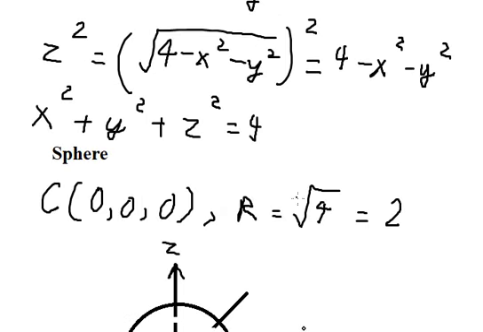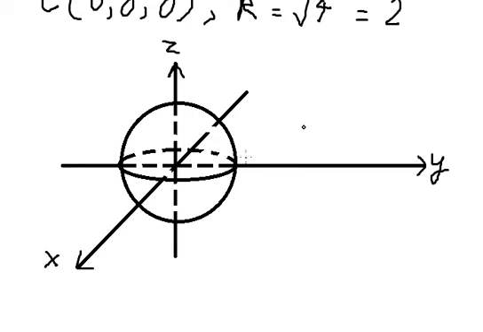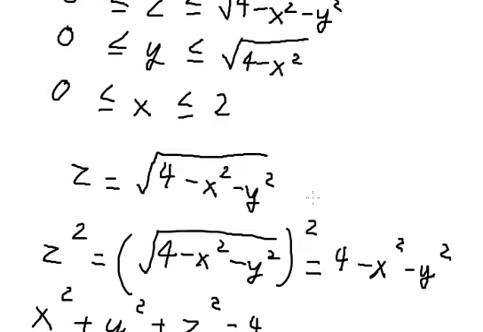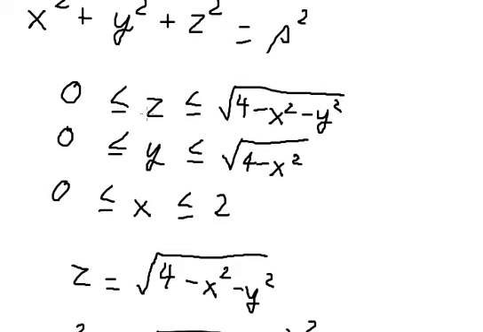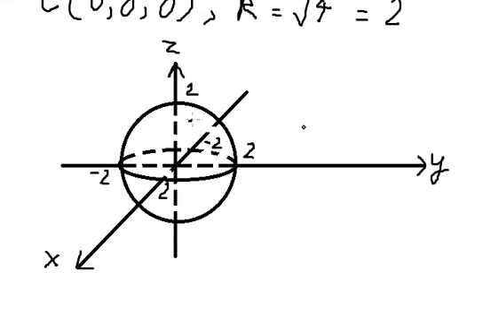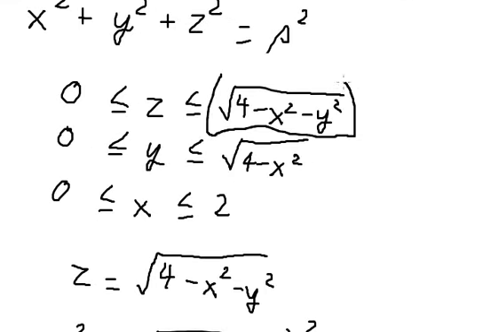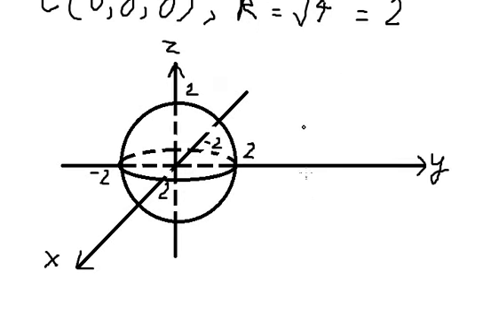Because the radius is 2, number 2 goes in here, number 2 here, number 2 here, negative 2, negative 2. The next one, we see that z is greater than or equal to 0. Here is z, and smaller than this one. That means z should be in here.